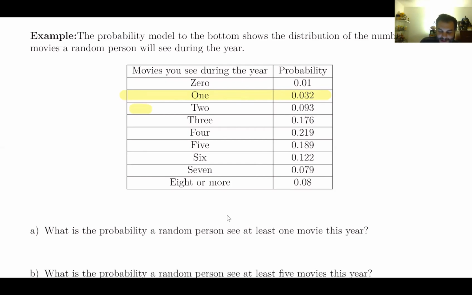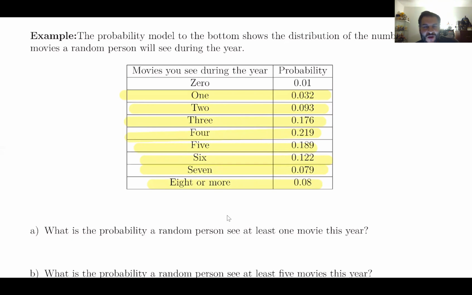Cool, and everything below. 1 through 8, except for 0. Perfect. Everybody get why we selected those?